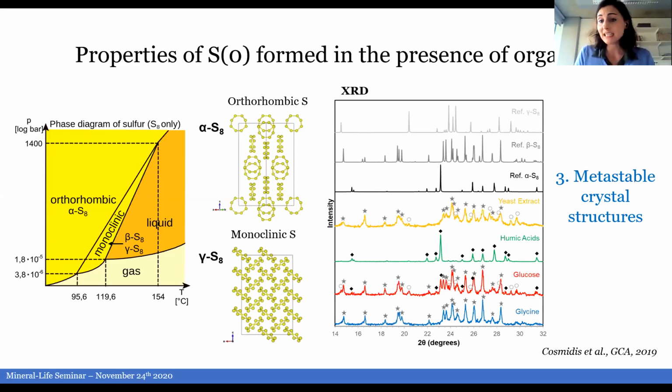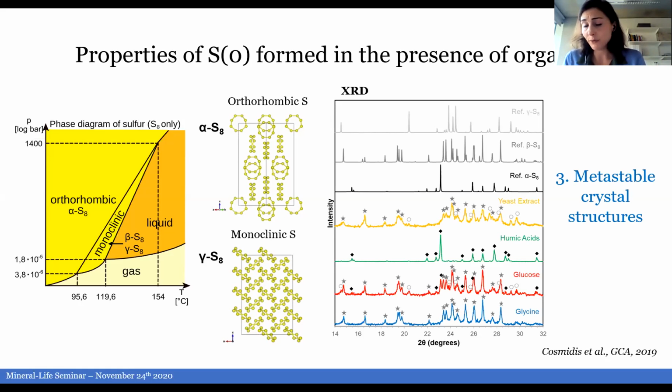What is interesting here is that we could show using XRD that sulfur precipitated in the presence of organics could have metastable structure. Even though it's formed at room temperature and pressure, it can display the monoclinic structures beta and gamma sulfur.